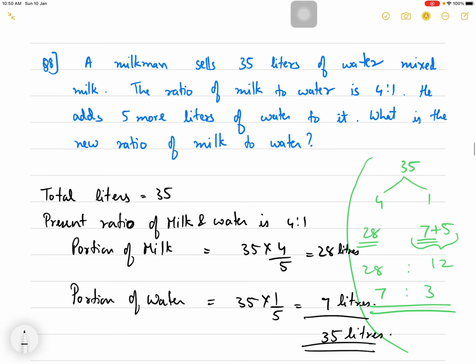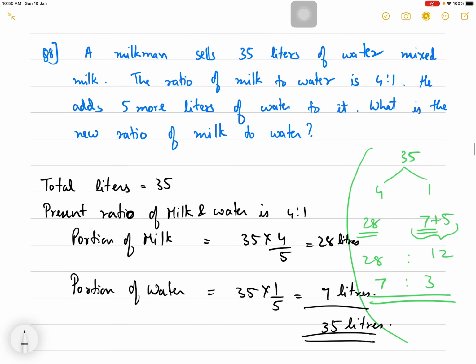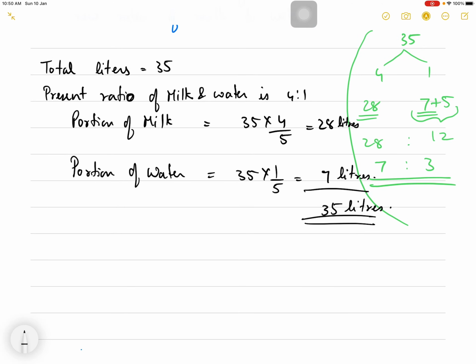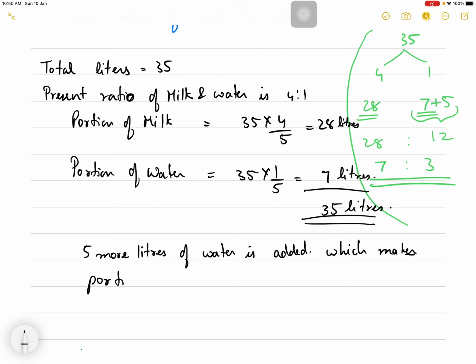So he adds 5 more liters of water. Five more liters of water is added, which makes portion of water 7 plus 5, which is 12 liters.